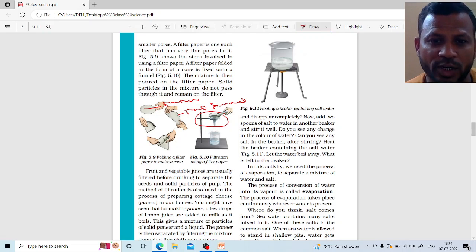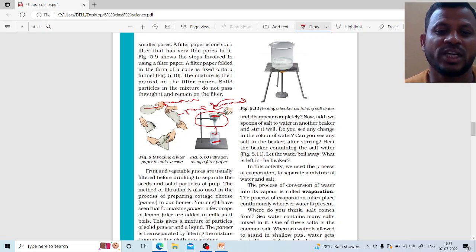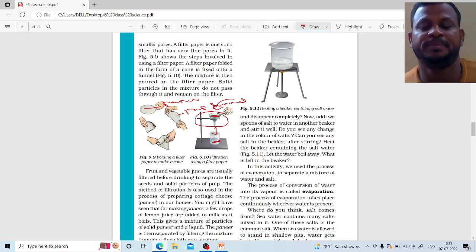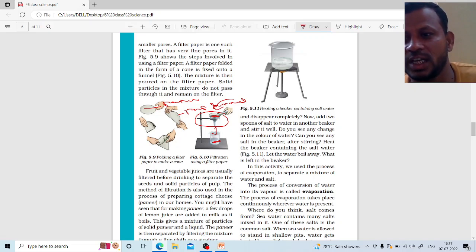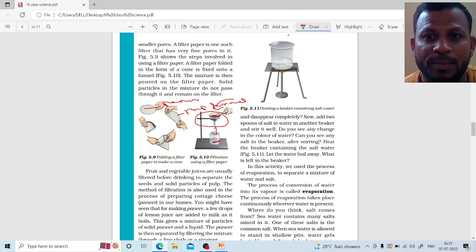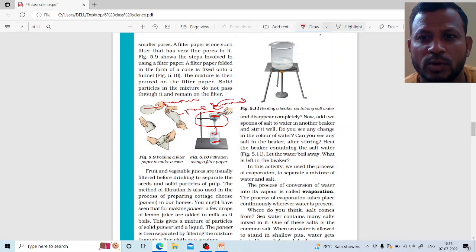Slowly we put the waste liquid in this funnel. Slowly the pure water is collected in this jar and the impurities remain in the filter paper in the funnel. This is known as the filtration process. Why? Because this filter paper contains small pores. Pores means holes.